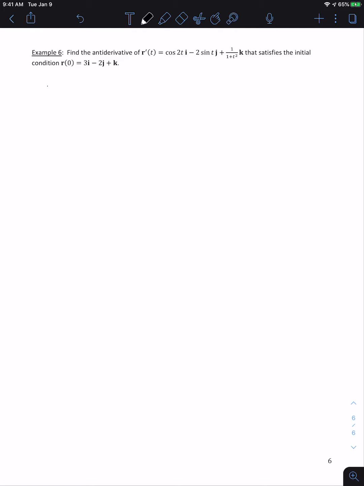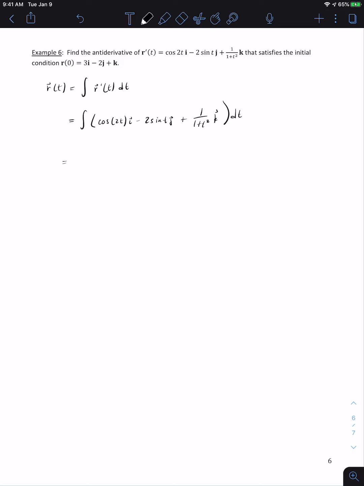Okay, so in general, if I want to find r of t given the derivative, which is what we're given, I take the integral of r prime of t. That's the fundamental theorem of calculus: the antiderivative of the derivative is the function. So I'm going to take the integral of the derivative, which is given by the problem: cosine of 2t i minus 2 sine of t j plus 1 over 1 plus t squared times k dt.